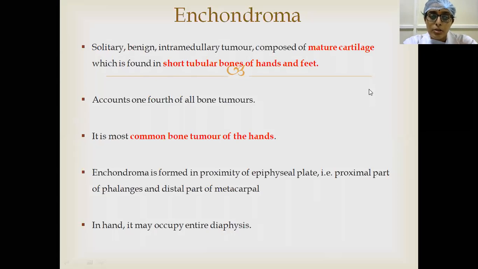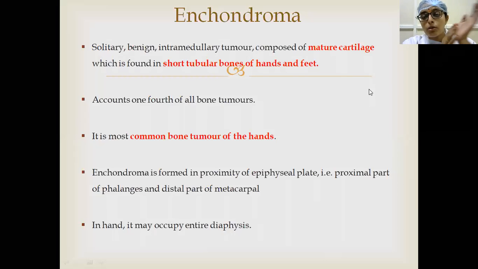And if the question comes, what is the most common primary bone tumor of the hands? The answer is enchondroma. And enchondroma is most commonly seen in the proximity of the epiphyseal plate, which is usually the proximal part of the phalanges or distal part of the metacarpals.